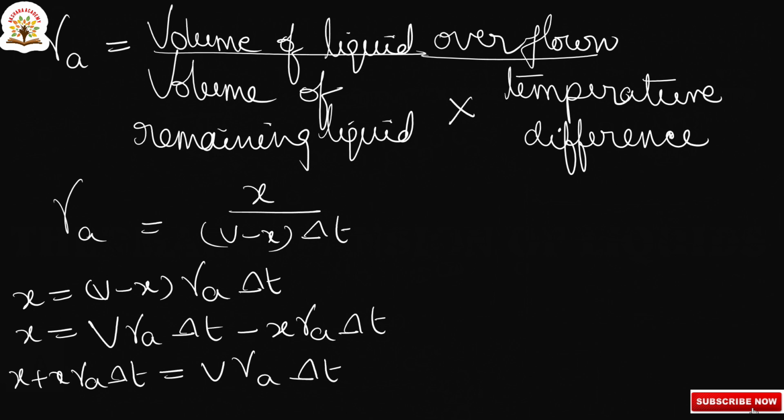Taking x common, x(1 plus gamma A ΔT) is equal to V gamma A ΔT. Next, x is equal to V gamma A ΔT by (1 plus gamma A ΔT).